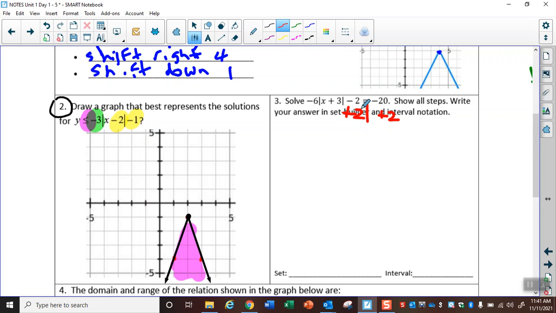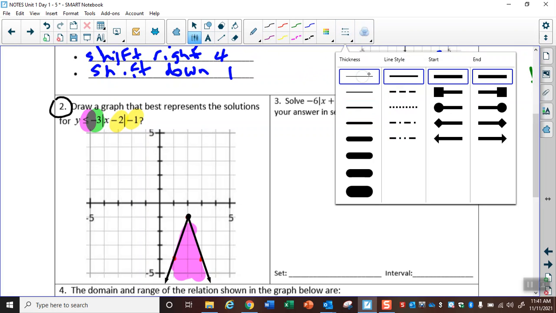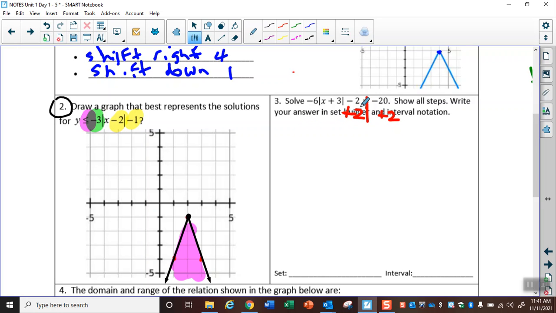So now this will go away, right? And now I've got -6 times the absolute value of x plus 3.